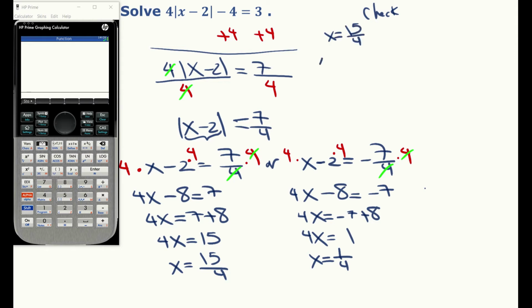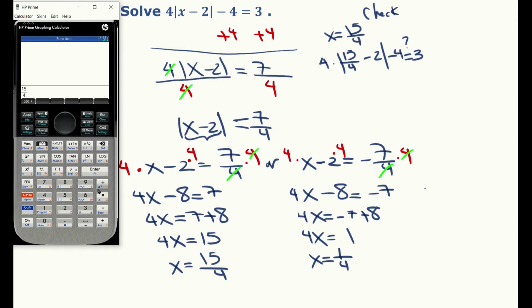So we want to see if 4 times the absolute value of, we're going to plug in 15 over 4 for x. So 15 over 4 minus 2, and then minus 4 is equal to 3. Okay, so let's go ahead and figure out 15 over 4 minus 2. Oh, not like that.